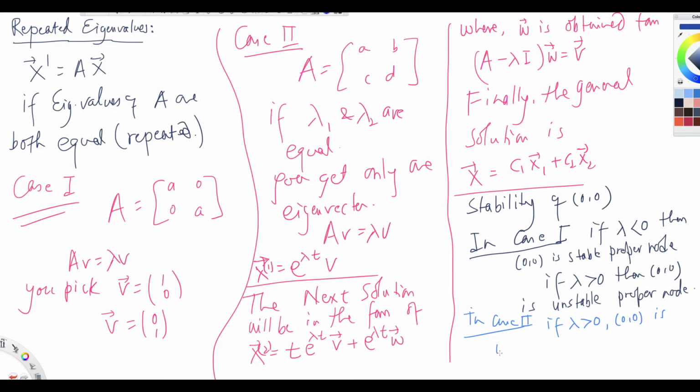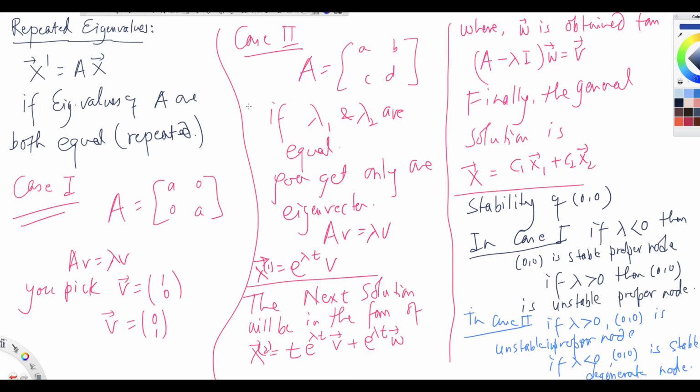And if lambda is less than 0, then (0, 0) is a stable improper node, okay? So this is the basic steps behind the method, okay guys?